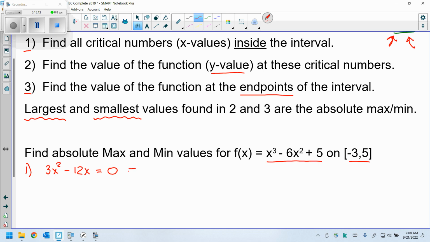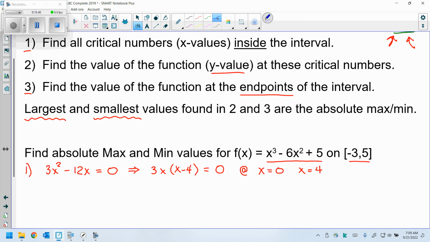Now I think I'd probably have to factor it, and I'll factor out 3x. And I can see that this is going to be 0 at the critical values of x equals 0 and x equals 4. Step 1 has been completed.